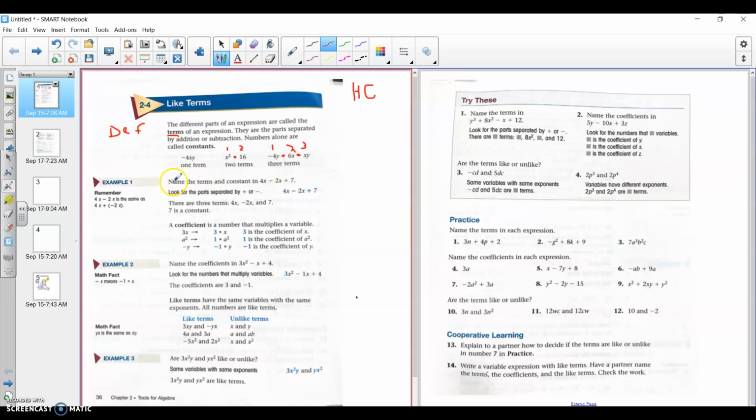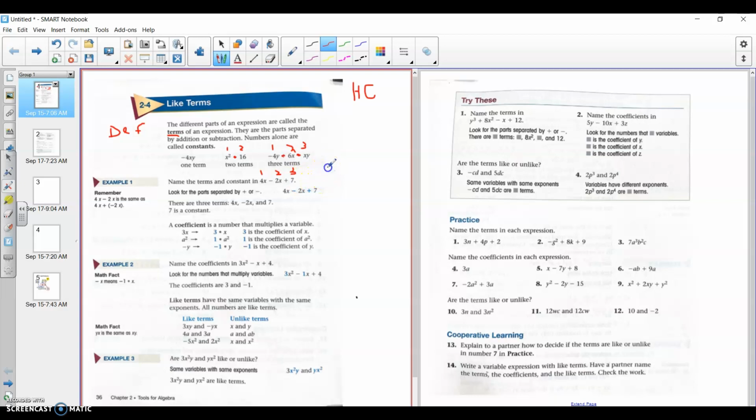It just simply says, name the terms and constant in 4x minus 2x plus 7. And I'll get to the constant here in a second. The first thing we can do on paper is we can name our terms. So we know 4x is 1, we know 2x is 1, and we know 7 is 1. We are getting rid of the operations, okay?